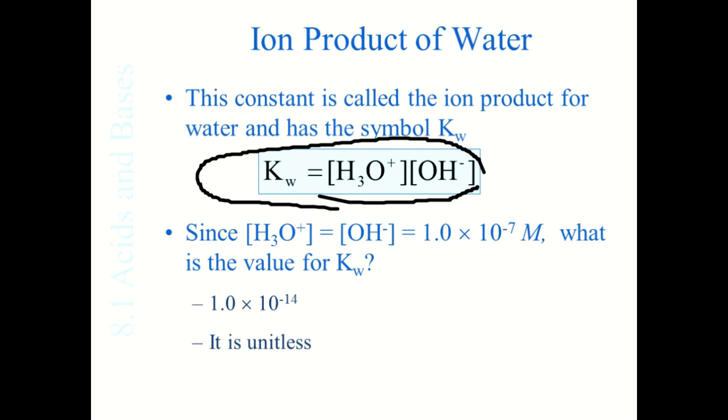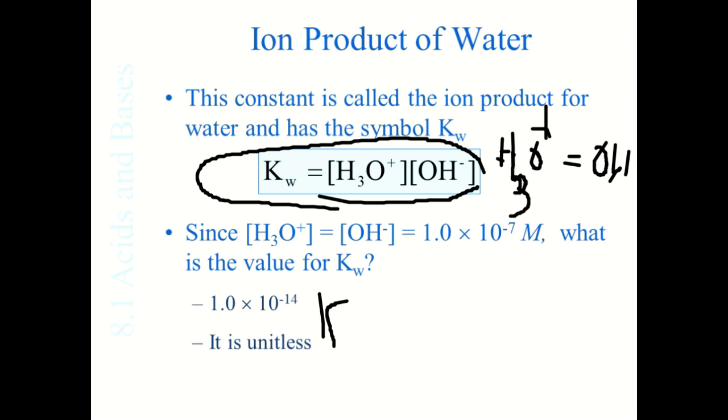Kw of water is the concentration of the hydronium times hydroxide, and at pH 7, H3O plus will be equal to OH minus. So look at this.